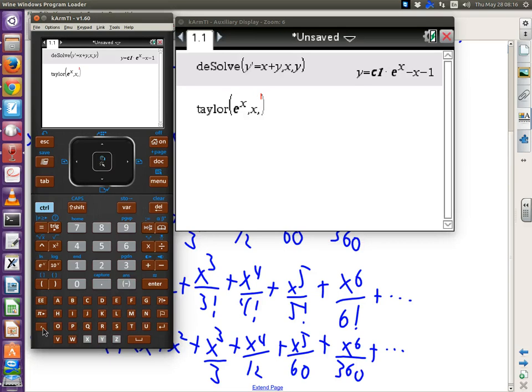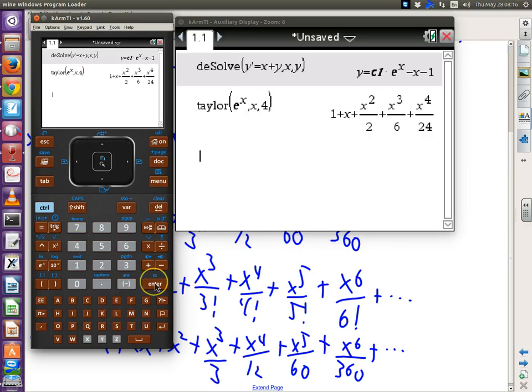So say, a 4th degree polynomial. Is that what we would expect for e to the x? 1 plus x plus x squared over 2 factorial plus x cubed over 3 factorial plus x to the 4th over 4 factorial. Right? Okay.